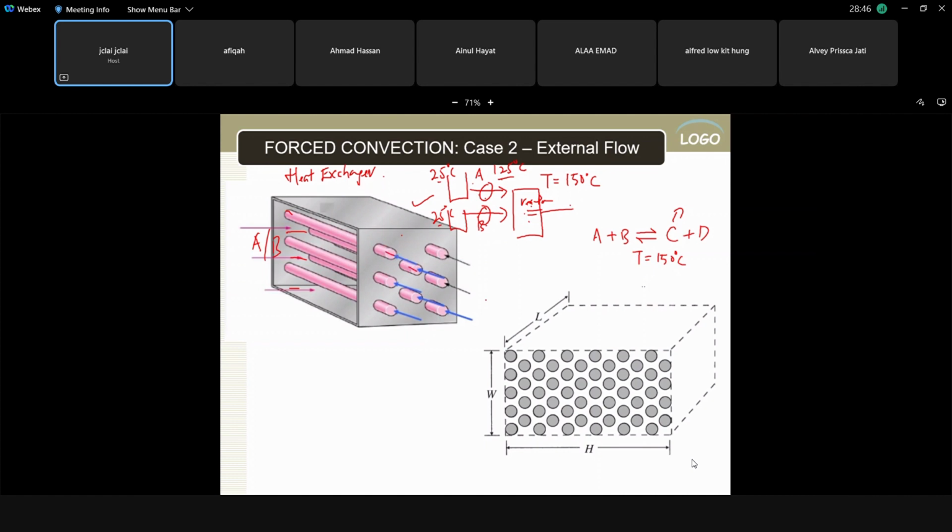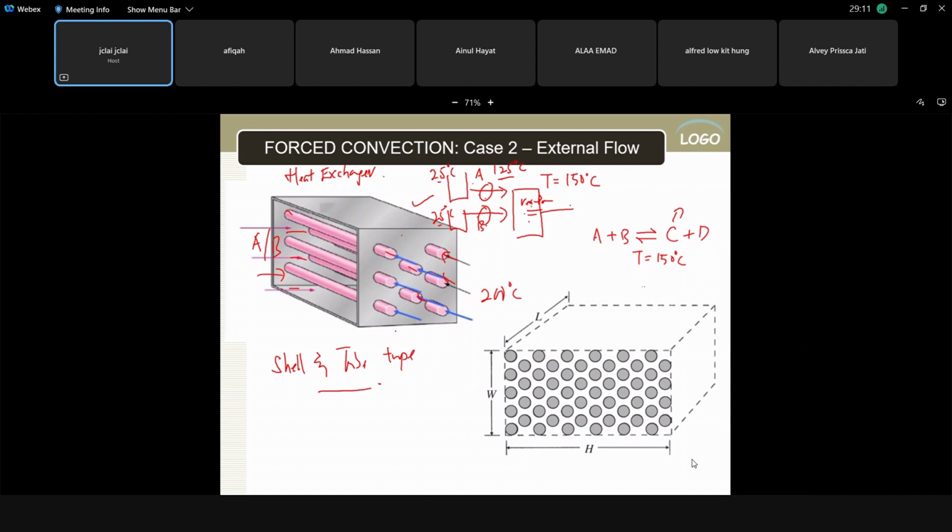Let's say the steam is at a temperature of 200 degrees Celsius. Okay, so steam passes by these tubes. Then your raw material A or B passes by your shell, because this is a shell and tube type heat exchanger.